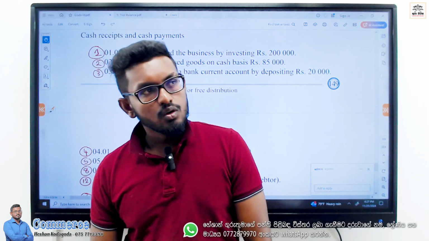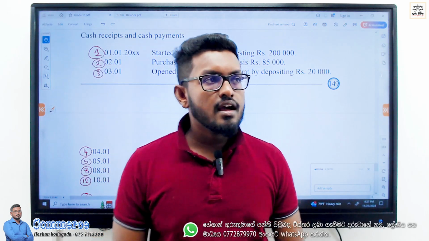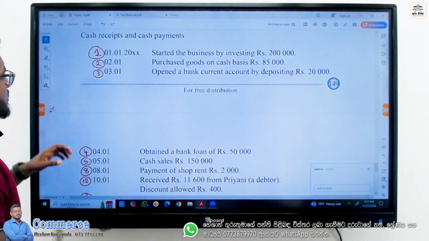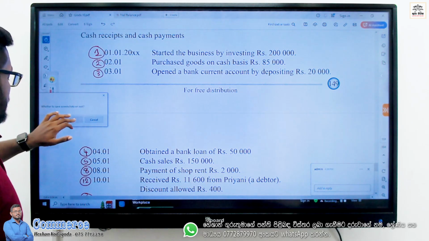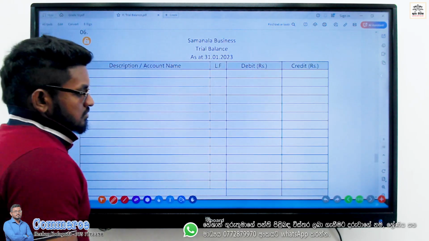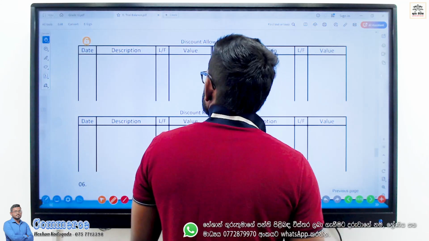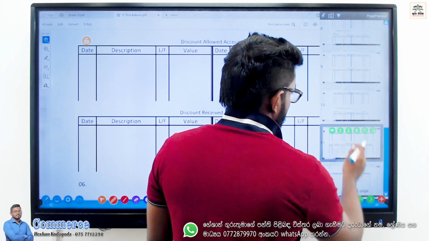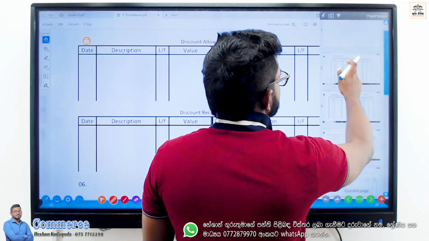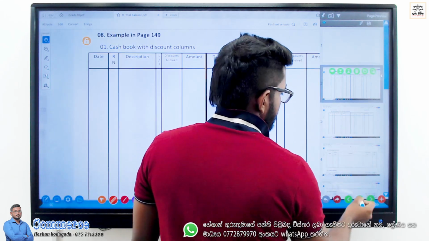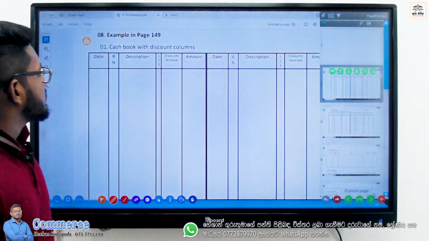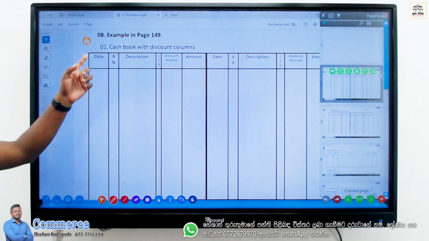Correct? Okay. Hope you can understand, right? Okay, let's go to the thing. Now quickly go to my Tute. Quickly go to the Tute. You can see it's the Tute page. Okay, question number 8, right?